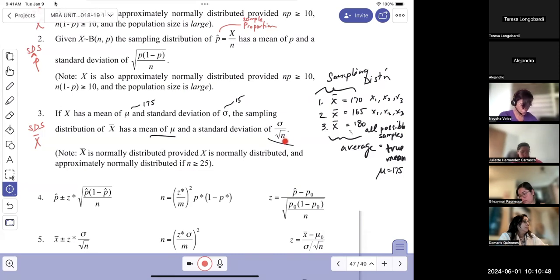Because the larger the n, the smaller the variation around the true mean. It means that your sample result will be more meaningful and more accurate or close to the true value. Okay, so there's a lot in this. So it's going to be smaller, and it'll be even smaller the larger the sample size.